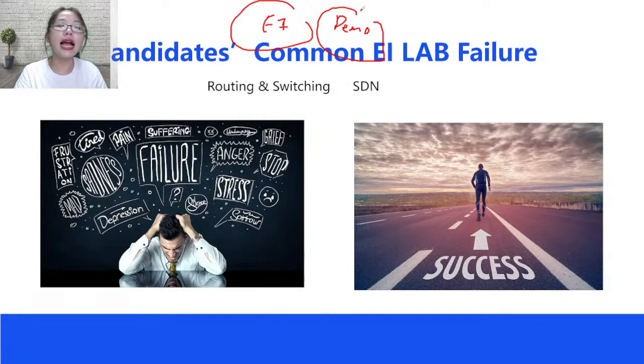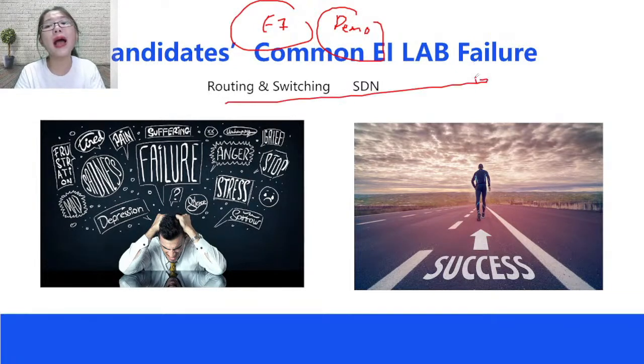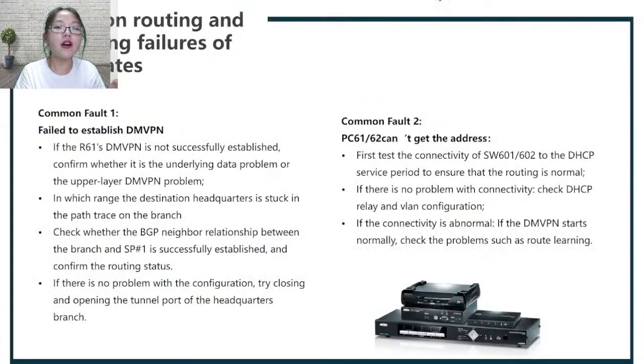Routing and switching and SDN are the most important and really difficult parts of the EI lab demo, so they are also the main reason why candidates fail the exam. I will list a few common faults to share with you. Let's first look at the failure reasons for routing and switching.